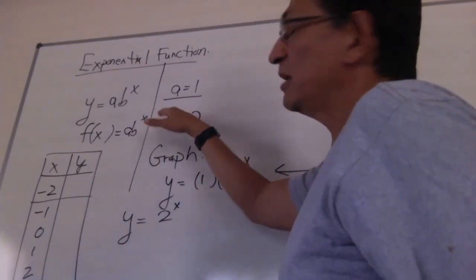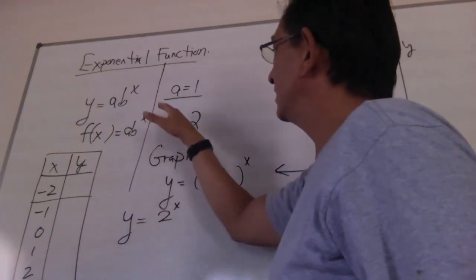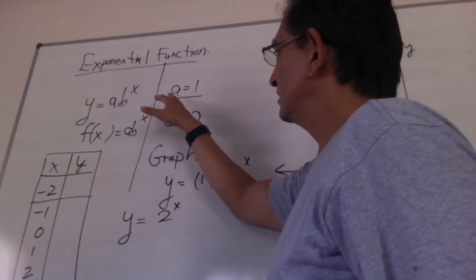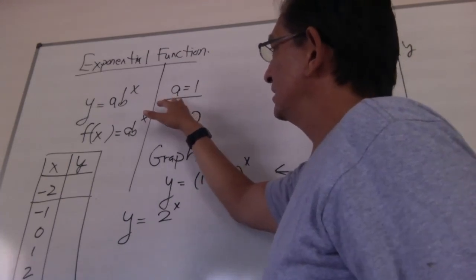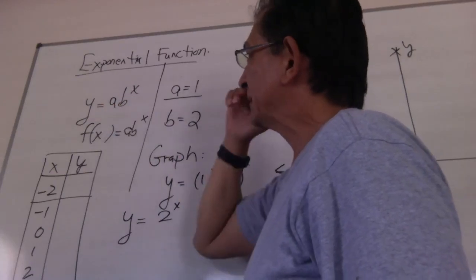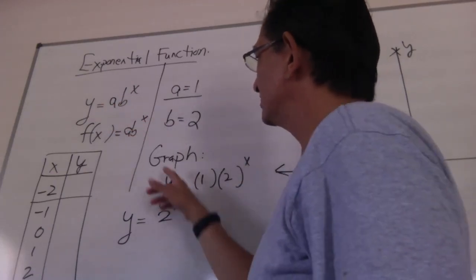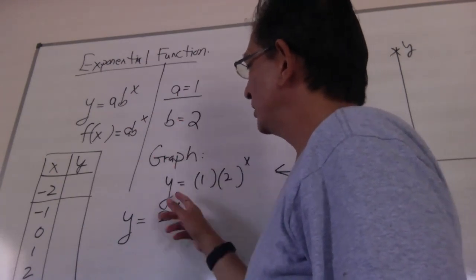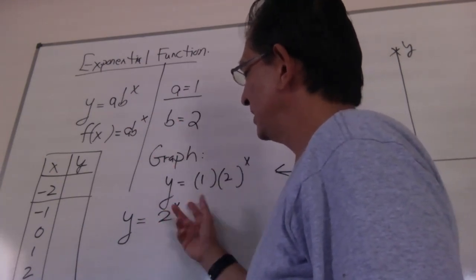Now, in this example, I'm going to graph this function here, but usually in a simple exponential form, it's y equals ab to the x power. And in this example, we're going to let a equals 1 and b equals 2. So if a equals 1, 1 times anything is the same thing back.